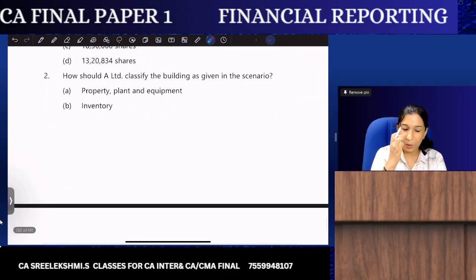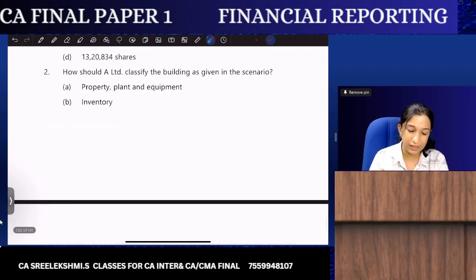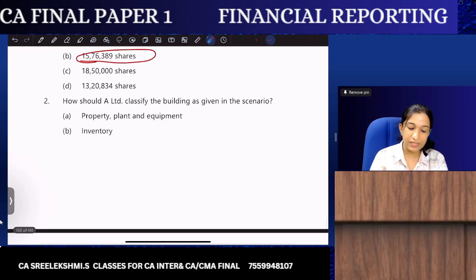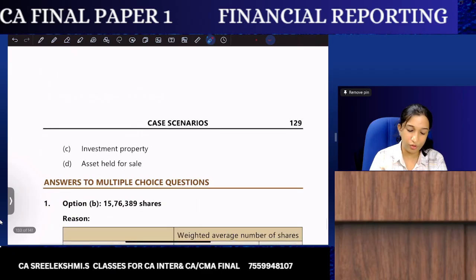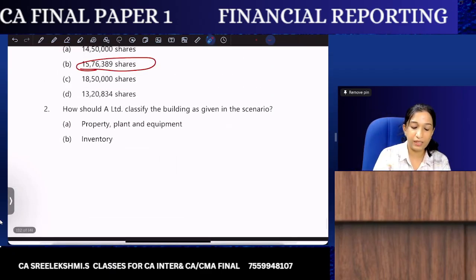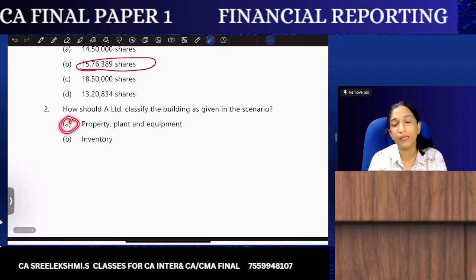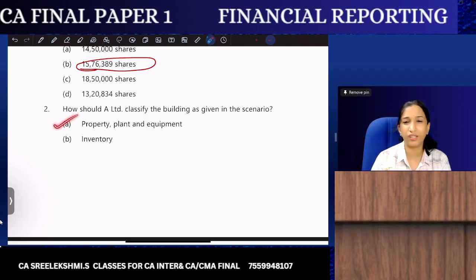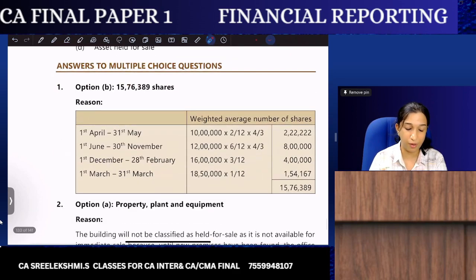How should A Limited classify the building in the given scenario? Is it PP&E, inventory, held for sale, investment property? What is your answer? PP&E, because until the new building is found, this building will be used. Held for sale conditions are not satisfied. So it will be classified as property, plant and equipment.